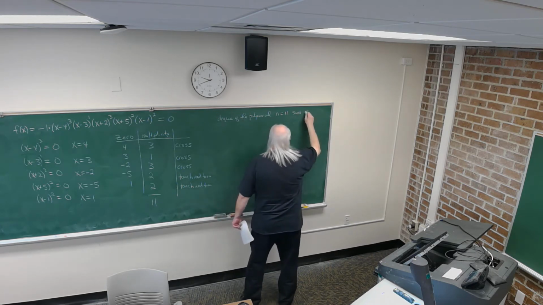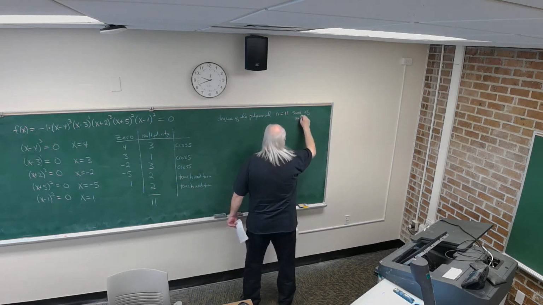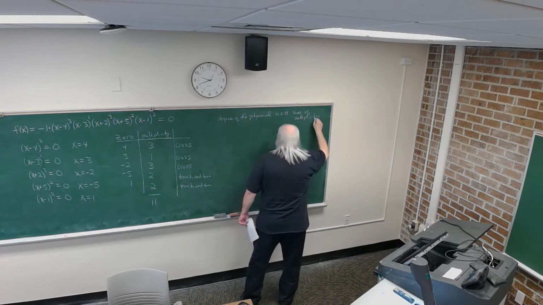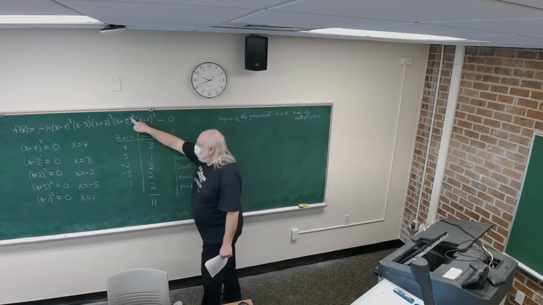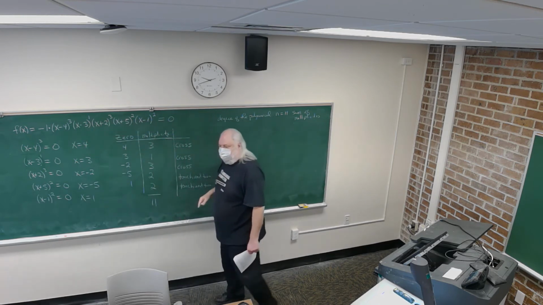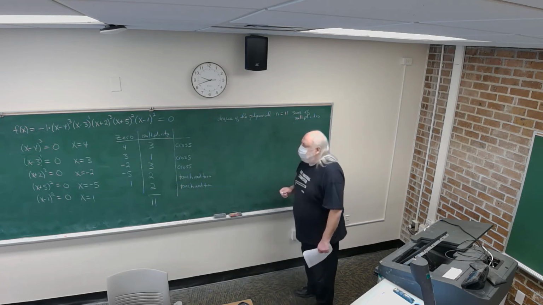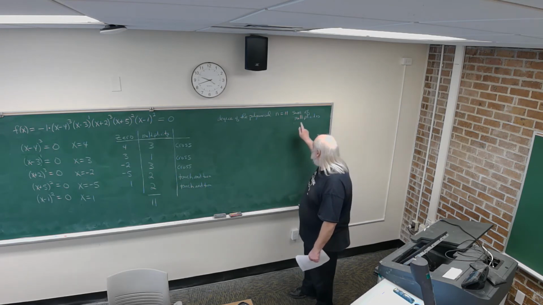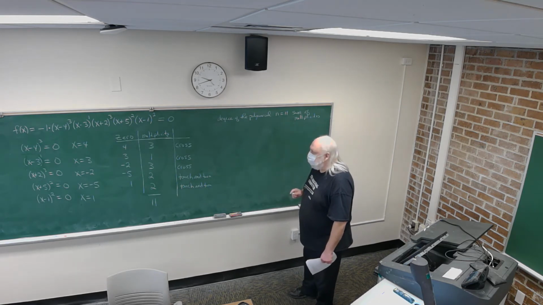Sum of multiplicities, which is also just the sum of these exponents, right? 3 plus 1 plus 3 plus 2 plus 2. So this polynomial function is a polynomial of degree 11.